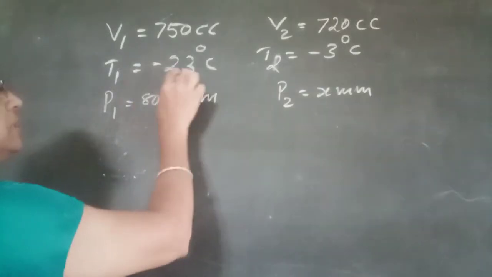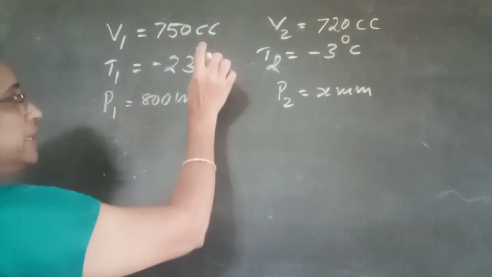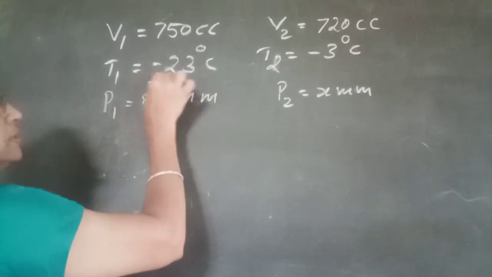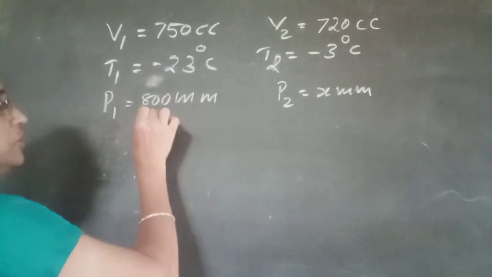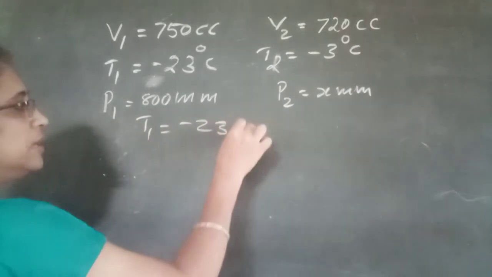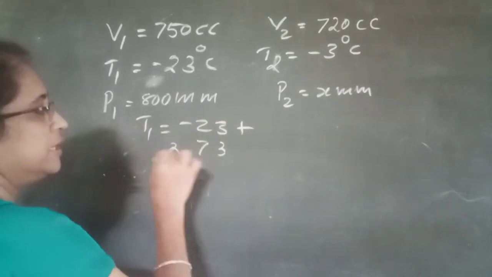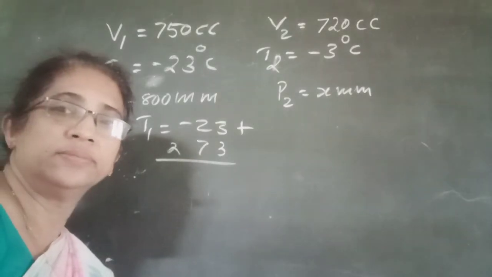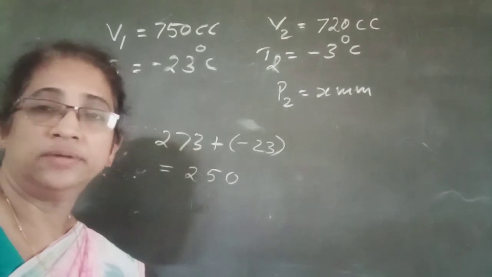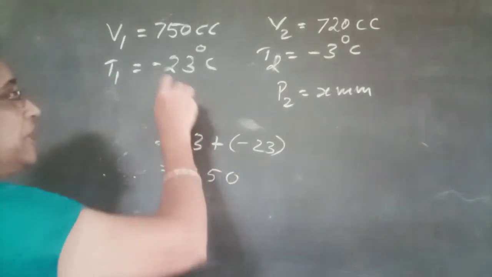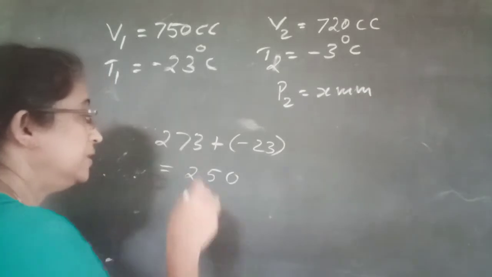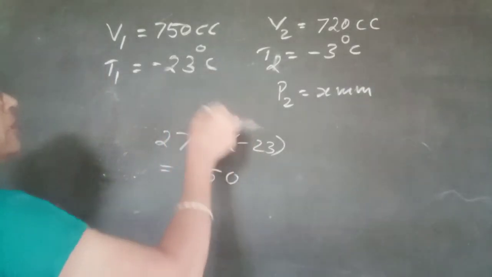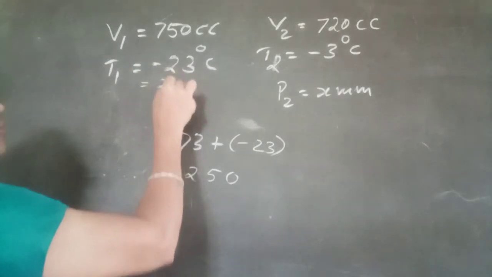That is, temperature T1 is equal to minus 23 degree Celsius, so T1 is equal to minus 23 plus 273, which is 250 Kelvin. So T1 is equal to 250 Kelvin.